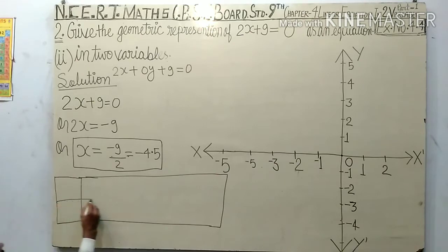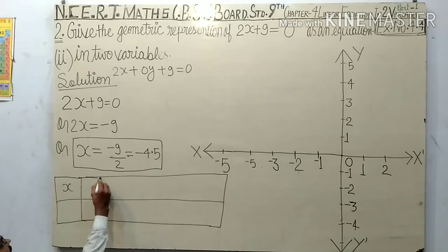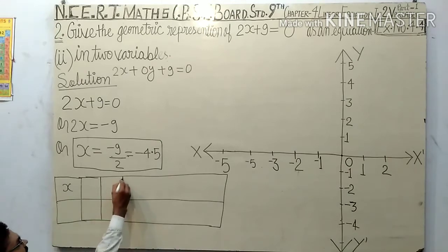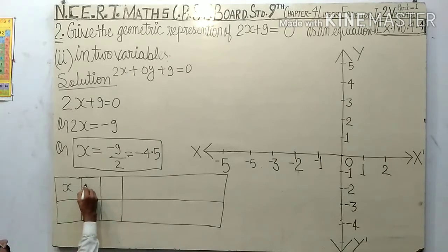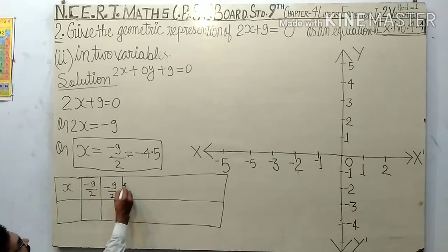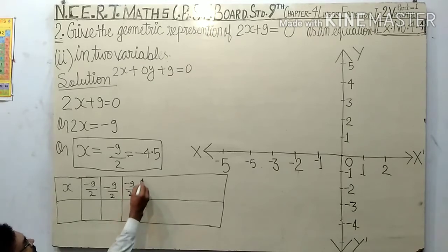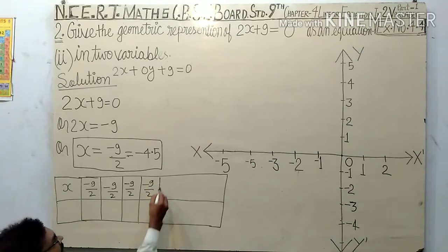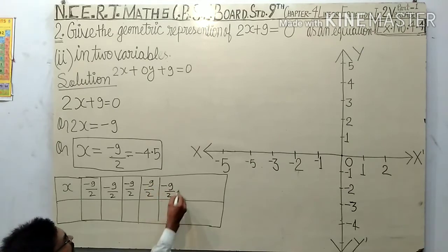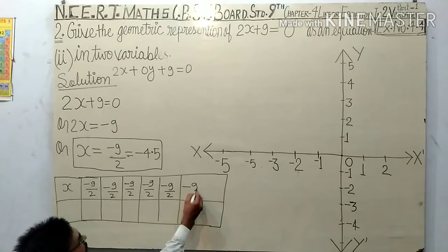So in this case the value of x is constant at every instant, it is -9 by 2, -9 by 2, -9 by 2, and so on.